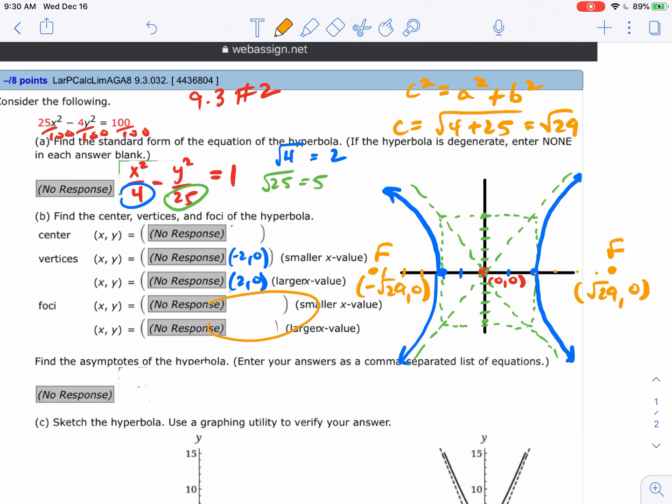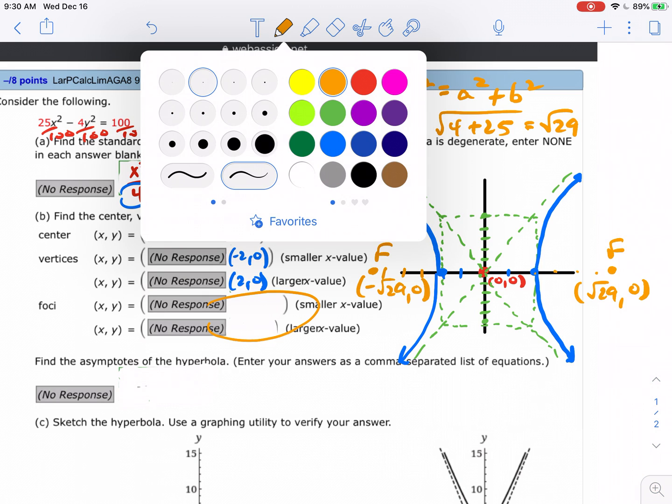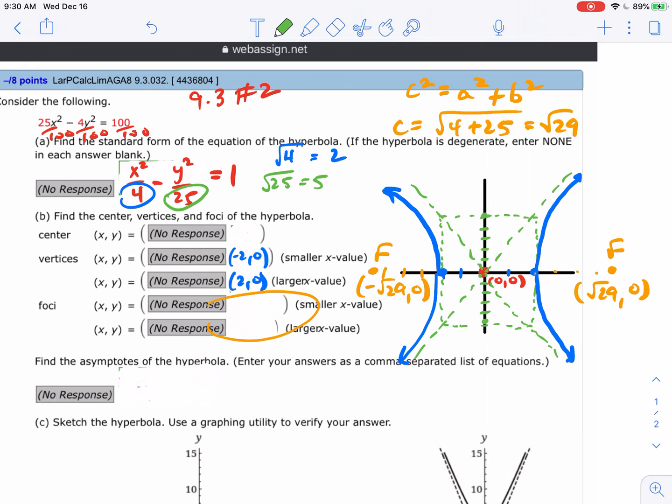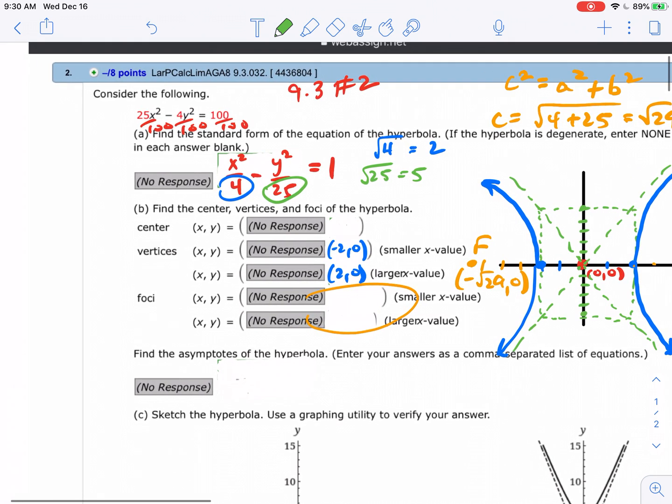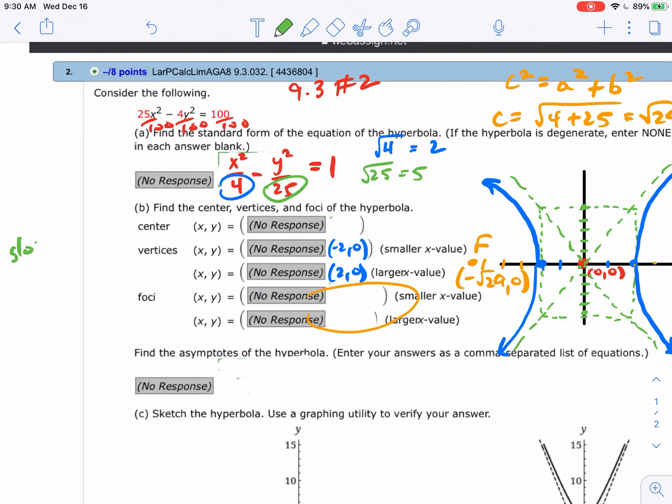Now the last thing they want are these asymptotes. And what I was talking about earlier is when I did this imaginary box inside there, I used my vertices and what we'd call co-vertices to draw that imaginary box. But you can also calculate the slope. So the slope in this problem, remember that slope is always y over x, y to the sky. So take what's under y, which is 25. We took the square root, and I got 5.